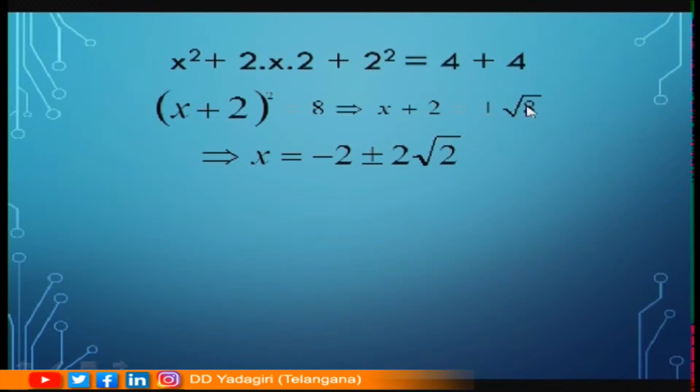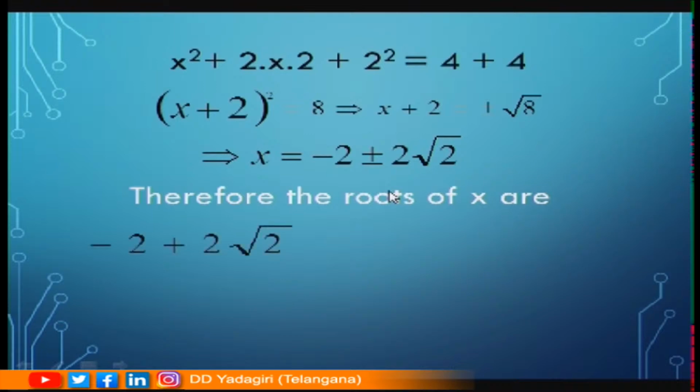We know under root 8 is equal to 2 root 2, and after transposing plus 2 to the RHS, I get minus 2. So, I get the x value as minus 2 plus or minus 2 root 2. Therefore, we can say that the roots of x are minus 2 plus 2 root 2 and minus 2 minus 2 root 2.